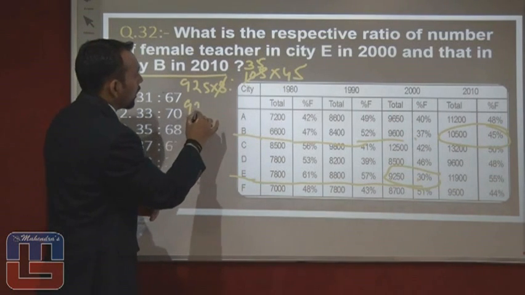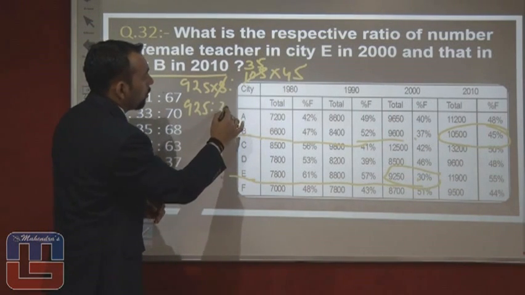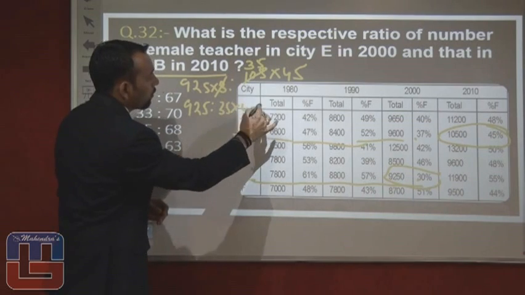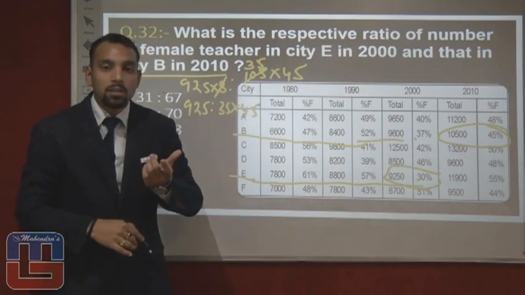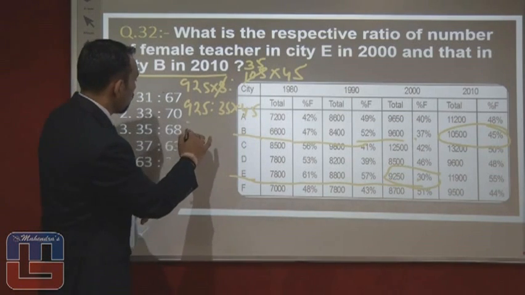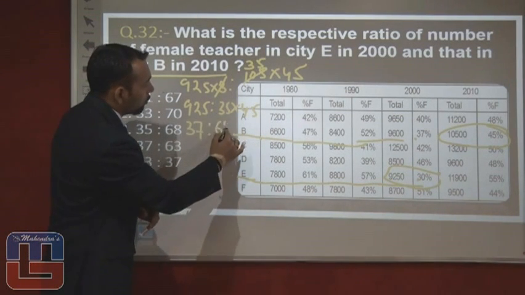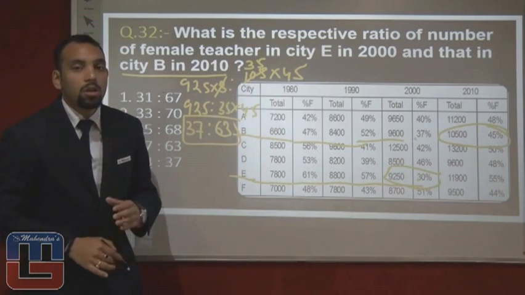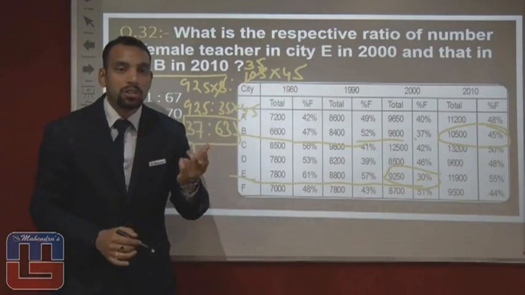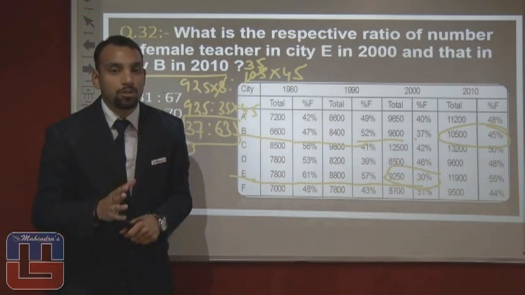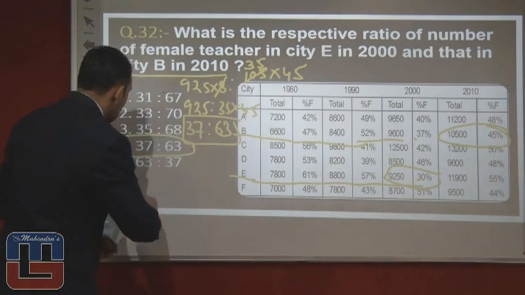Here you will get 9 to 5 ratio, 35 ratio, 45. So, if you will solve this ratio, here you will get 33 ratio 63. So, the answer of this question will be the fourth one, 37 ratio 63 will be the correct answer of this question. Now, move to our next question.